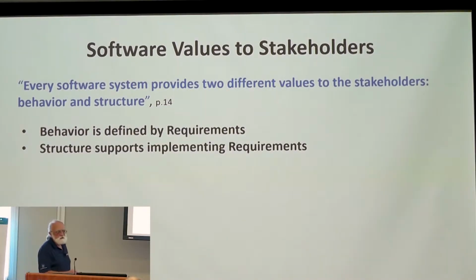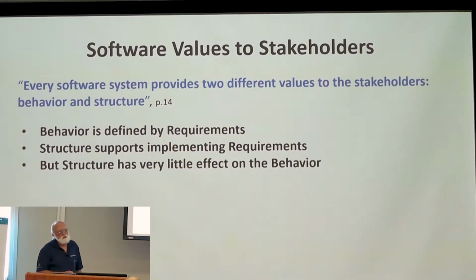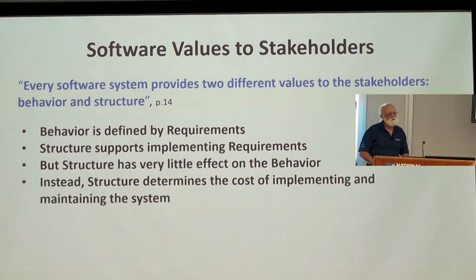The structure supports implementing requirements. But structure has very little effect on behavior because you're not allowed as software developer to change requirements. Instead, structure determines the cost of implementing and maintaining the system.